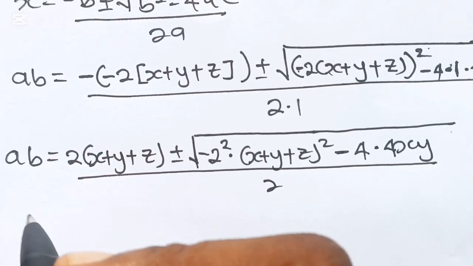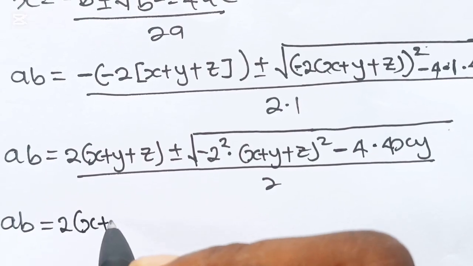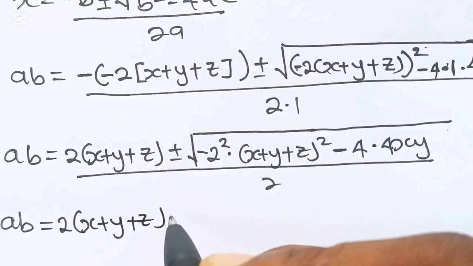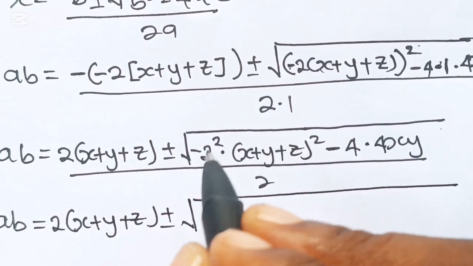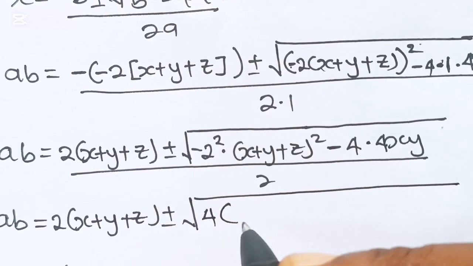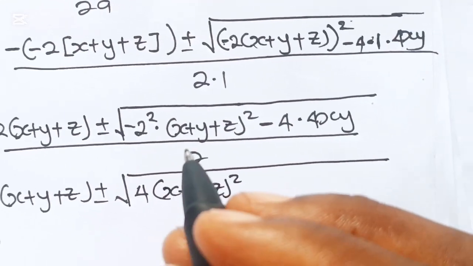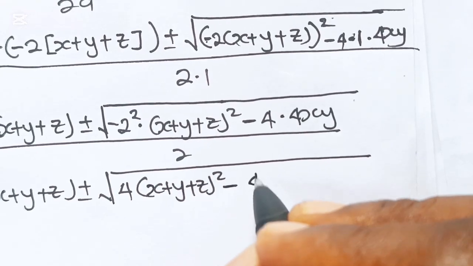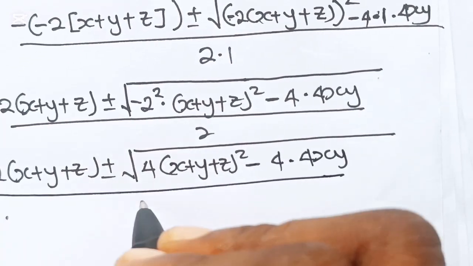So we have that ab is equal to 2 bracket x plus y plus z, plus or minus the square root of minus 2 squared is 4 bracket x plus y plus z all squared, minus 4 multiplied by 4xy, everything divided by 2.